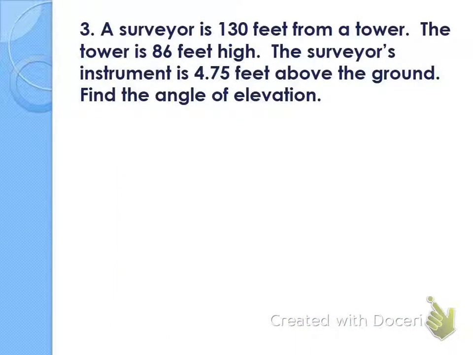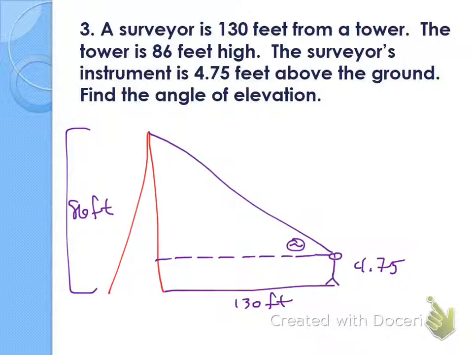Next one. Now we're going to start adding some wrinkles into these and seeing if you can figure out what to do with the additional information. So, again, draw the picture, stop the video, draw the picture, and then start it back up. And I'll explain the picture that I got. Okay, so does your picture look something like this?